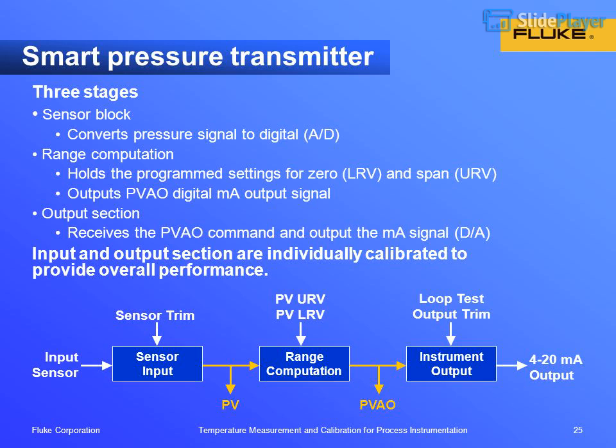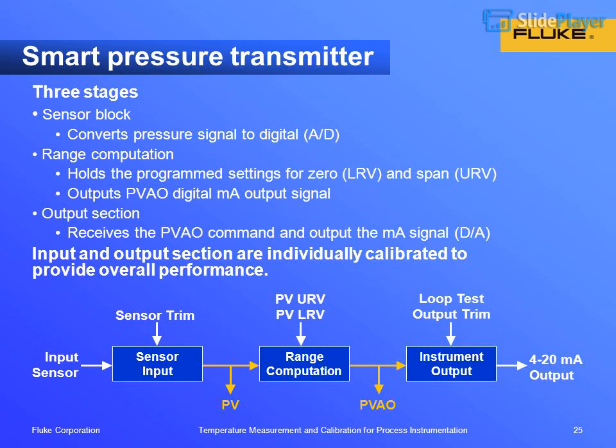A smart pressure transmitter has 3 stages. The sensor block converts the pressure signal to digital, A/D. Range computation holds the programmed settings for zero, LRV, and span, URV, and outputs a digital output signal. The output section receives the command and outputs a mA signal, D/A.